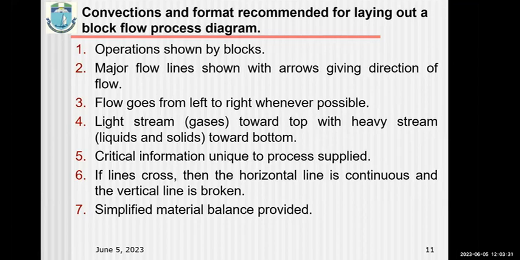That's why they normally call it a block diagram or a square. The major flow lines are shown with arrows giving the direction of flow. In that last example that I gave, you could see that I was putting in arrows, and that tells you what is coming into the block and what is leaving the block. And generally speaking, the flow goes from left to right.